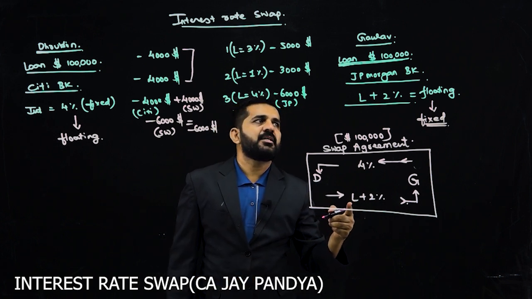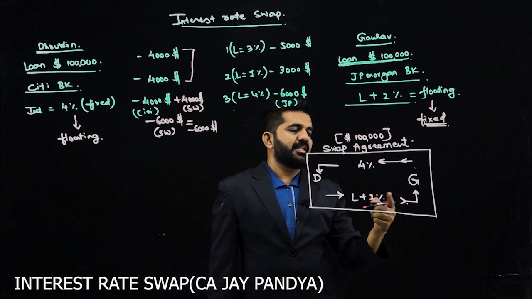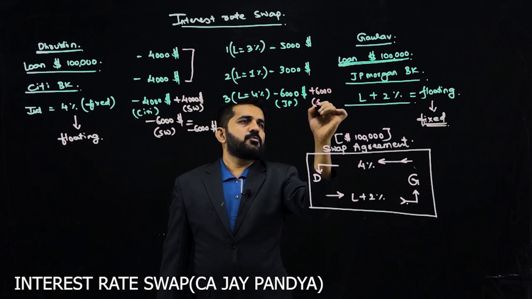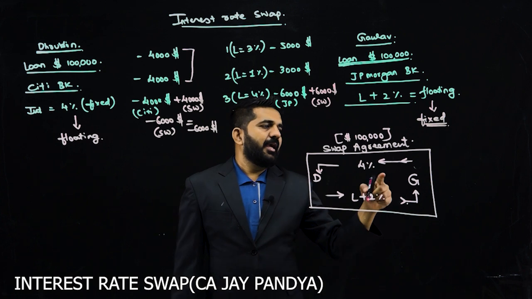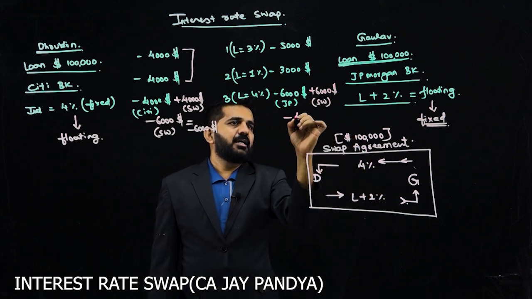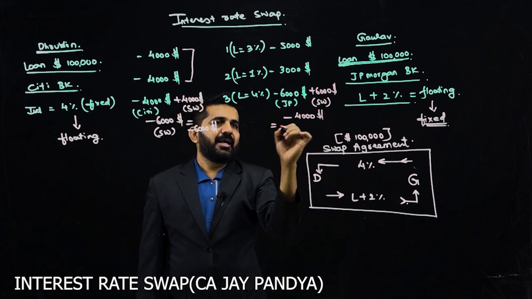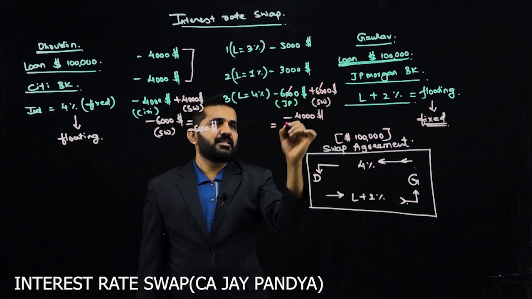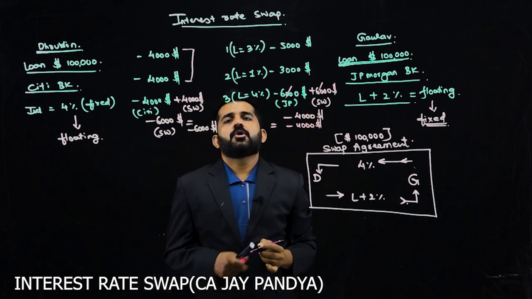LIBOR is nothing but 4% in third year. 4% plus 2%, that is receiving $6,000 from swap agreement. And what he is paying in swap agreement is 4% on $1 lakh, $4,000, and the $6,000 gets cancelled. His net amount will remain negative $4,000.